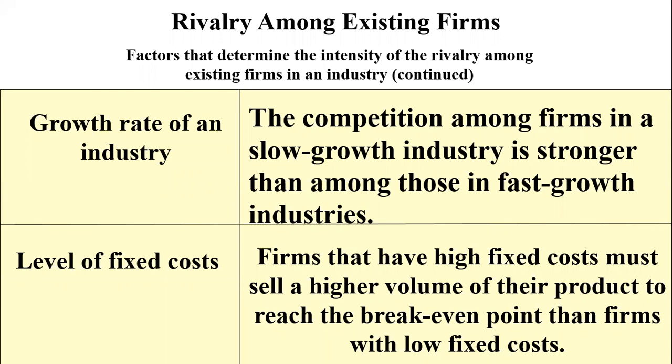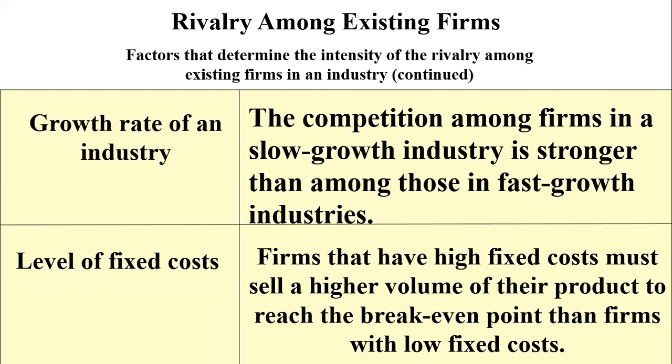Now, still on the factors determining the intensity of the rivalry, we can also think about the growth rates of an industry. When the competition among firms in a slow growth industry is stronger than among those in fast growth industries, then the intensity of the rivalry will be high.